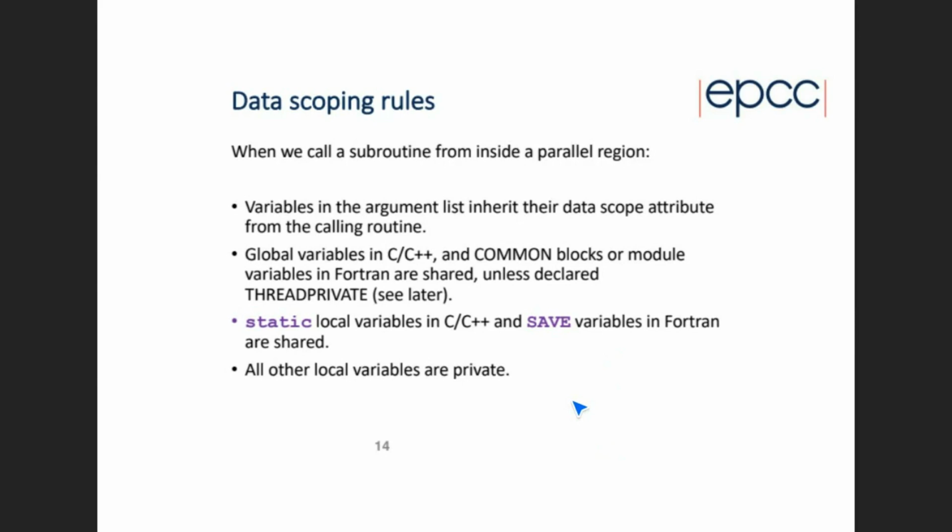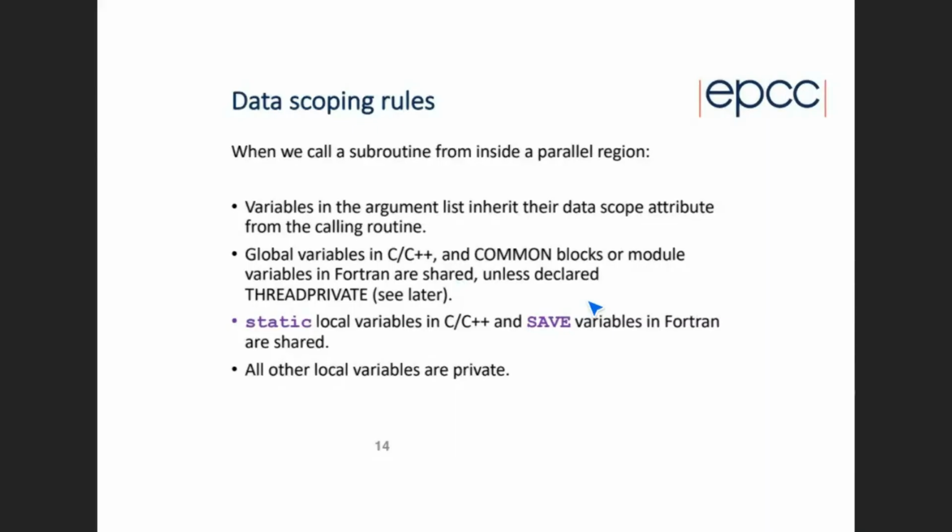If we have global variables, or in Fortran common blocks, which nobody much uses these days but you might still see lying around in old-fashioned Fortran 77 code, or module variables in more modern Fortran, those are shared by default, unless we do something special, which I'll come on to later. And what about local variables declared inside the called function?